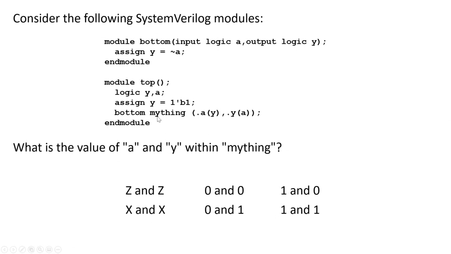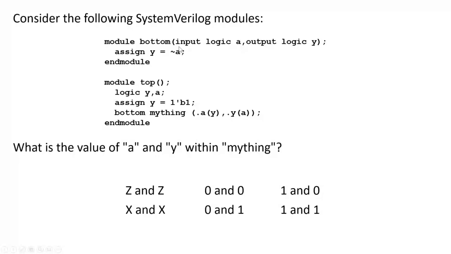What is the value of A and Y within my thing? If I drill down inside of my thing, I get inside this bottom module. Inside there, A is going to be whatever Y is in top.